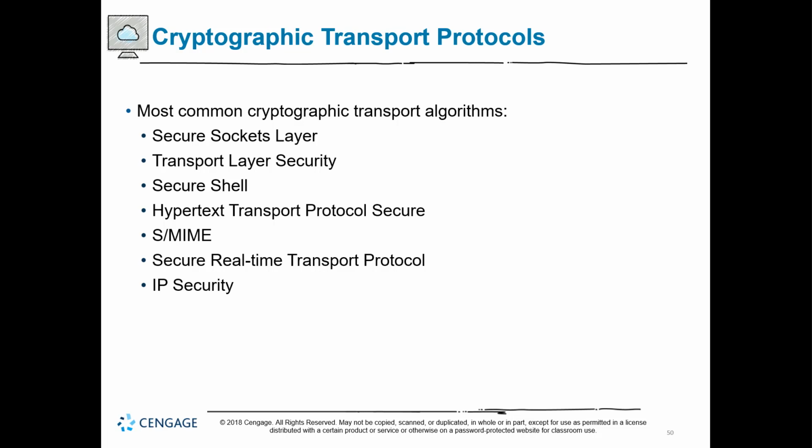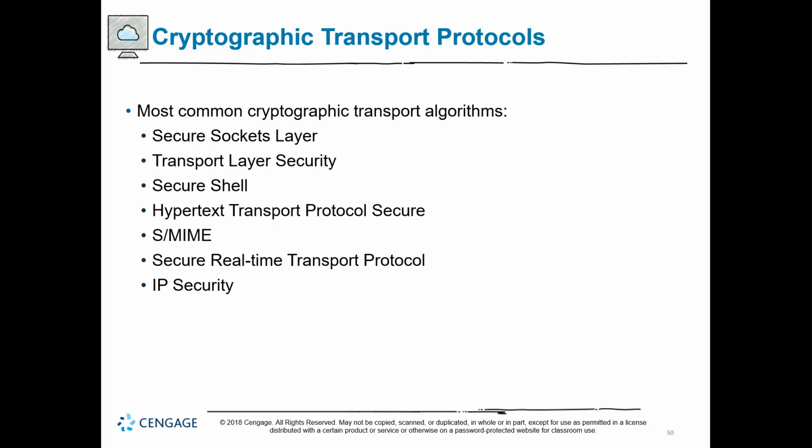SSL comes in 4 main flavors, versions 1 through 3, and we have an SSL version 4 that became known as Transport Layer Security, TLS. That is the new level of encryption that we are all using.